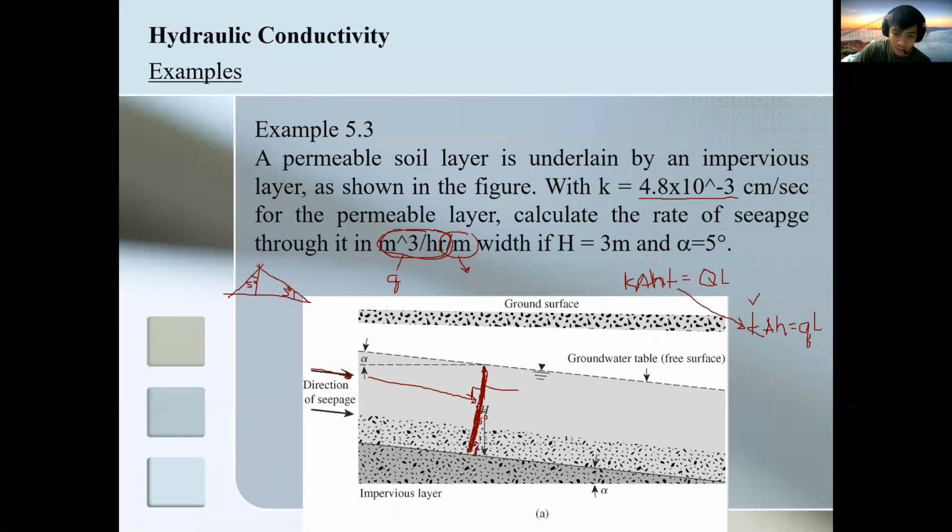So to solve for this side we're going to use cosine function. So h cosine 5 degrees.